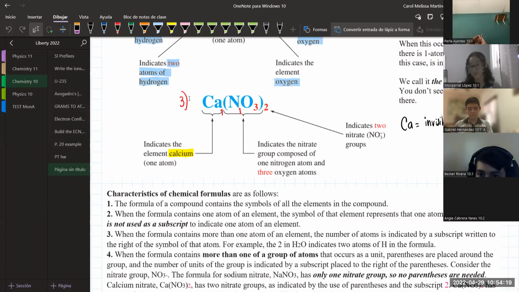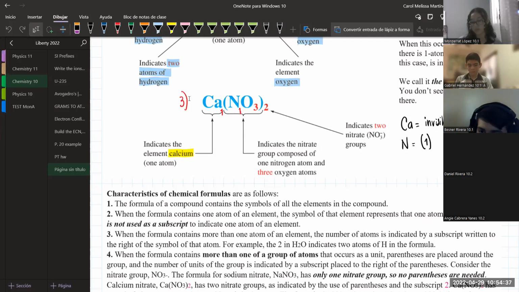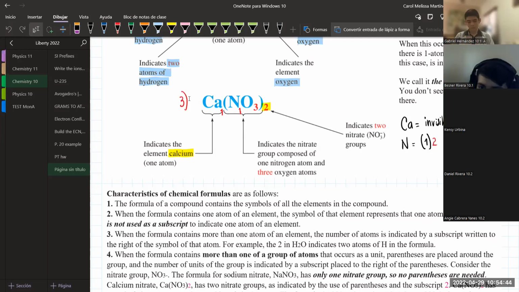But take a look at nitrogen. You're going to have one nitrogen inside the parentheses, and this one nitrogen is being multiplied by the 2 that is outside the parentheses. So in total, for nitrogen, you are going to have 1 times 2, 2 atoms of nitrogen.